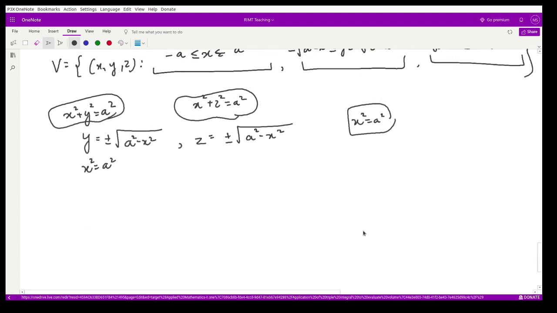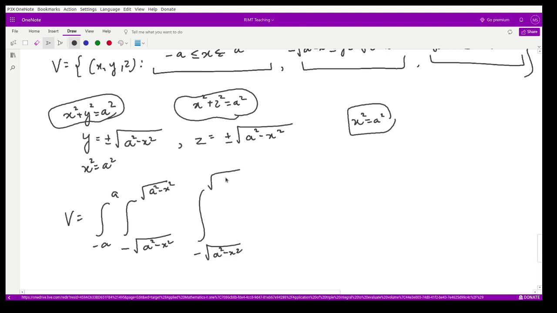So what is our v here? We want to calculate integration from minus a to a, integration from minus square root of a square minus x square to plus square root of a square minus x square, and integration from minus square root of a square minus x square to square root of a square minus x square, and then we have dz, dy and dx.